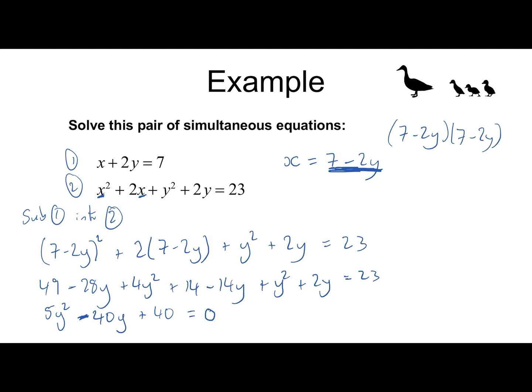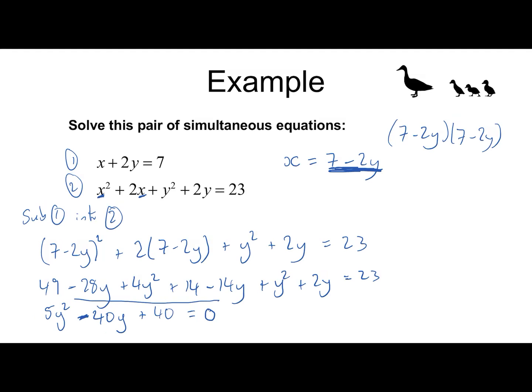Plus 40 equals 0. Now, I hope I've done that right. Let's just check it. 49 plus 14 is 63, minus 23 is 40. Let's just check the y's. Minus 28y minus 14y is negative 42y, plus 2y, negative 40y.